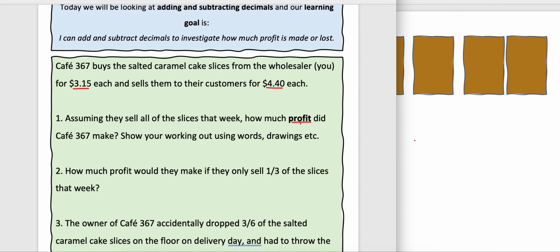When we're talking about profit, we're talking about how much money Cafe 367 had to spend, so how much money they spent altogether on the cakes from the wholesaler, and also how much money they earned from selling those slices to their customers, because you can see that they sold their slices for more than they bought them from the wholesaler.